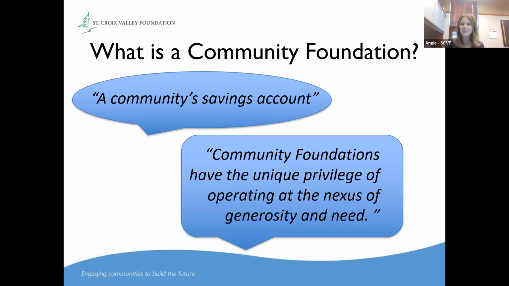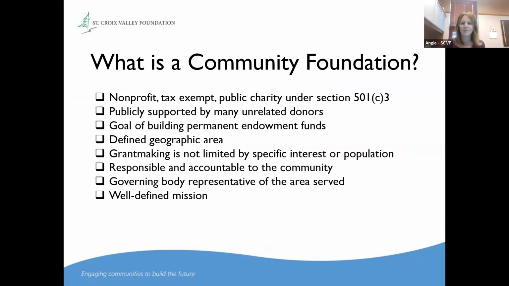And a couple of the quotes I've heard since starting at the Community Foundation back in 2014 is, one way to think of it is a community foundation is a community savings account, where a United Way may be more of a community's checking account. And another quote, that community foundations have the privilege of operating at this really wonderful nexus of generosity. We get to work with those super generous donors and understanding then how to respond to community need. So those are two quotes that I reference quite often.